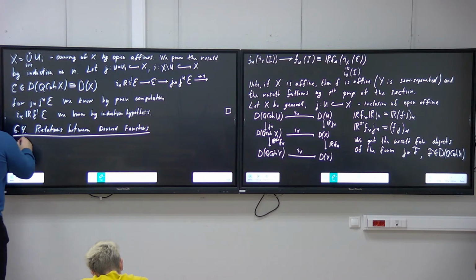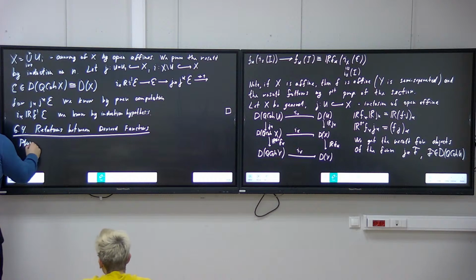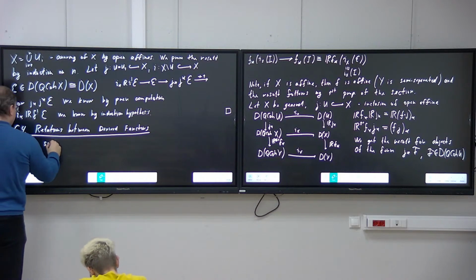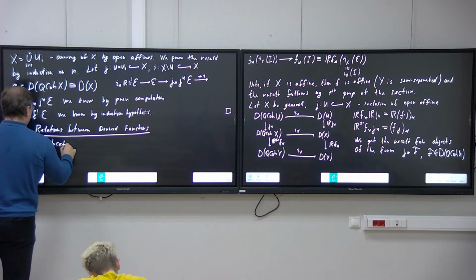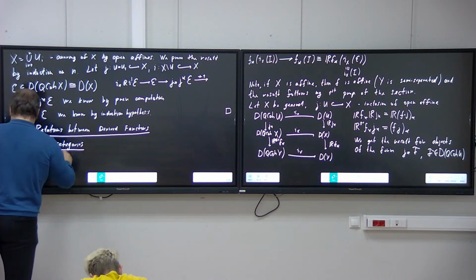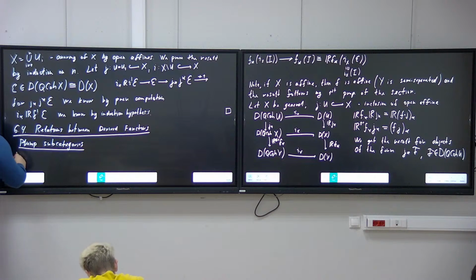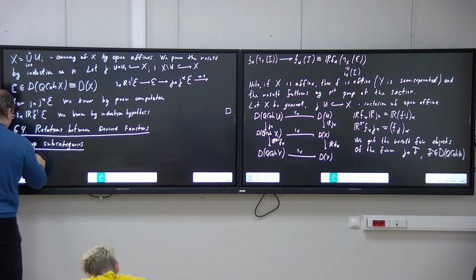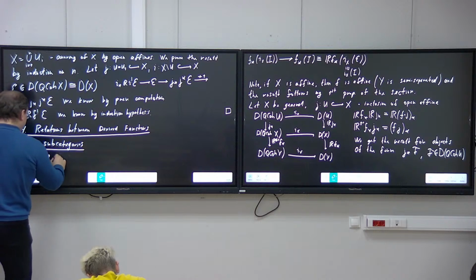From the category theory, the so-called plump subcategories. The definition is the following. Let A be an abelian category.